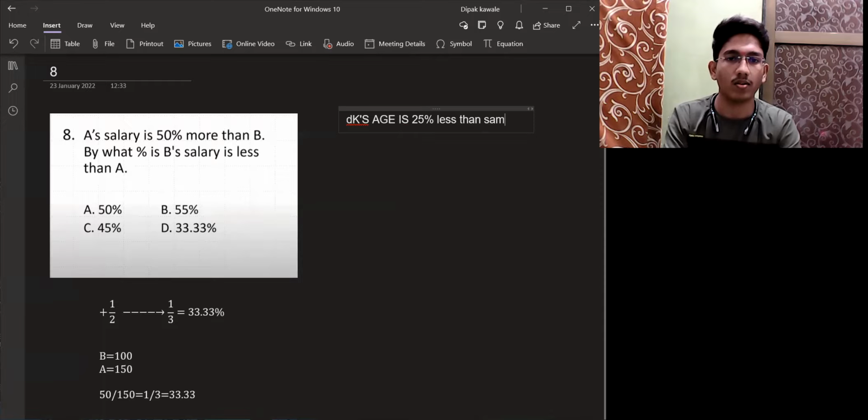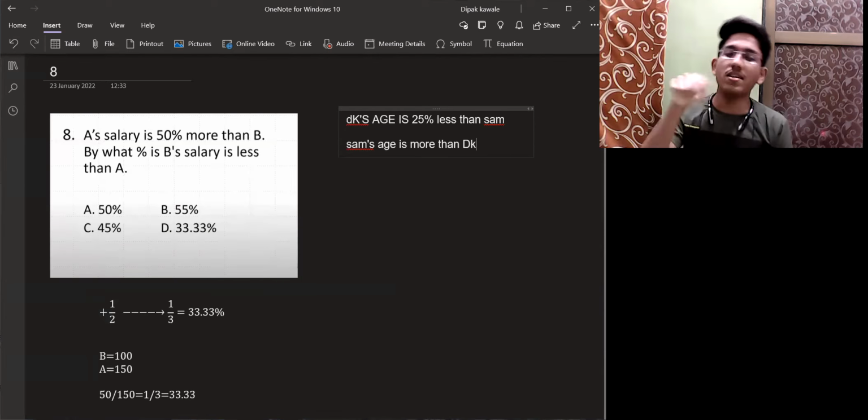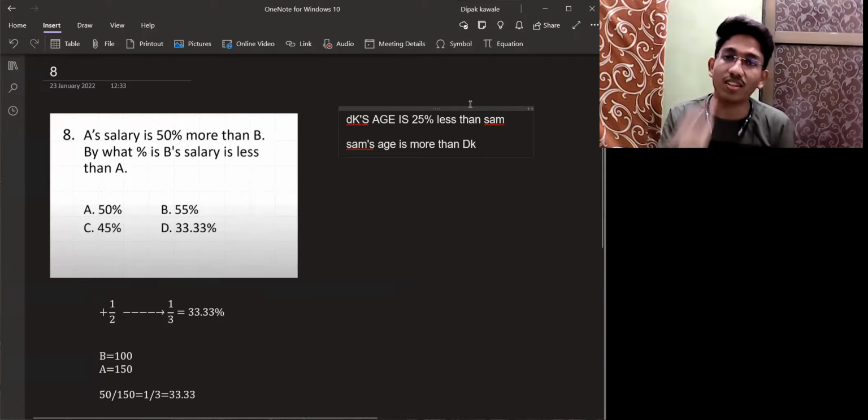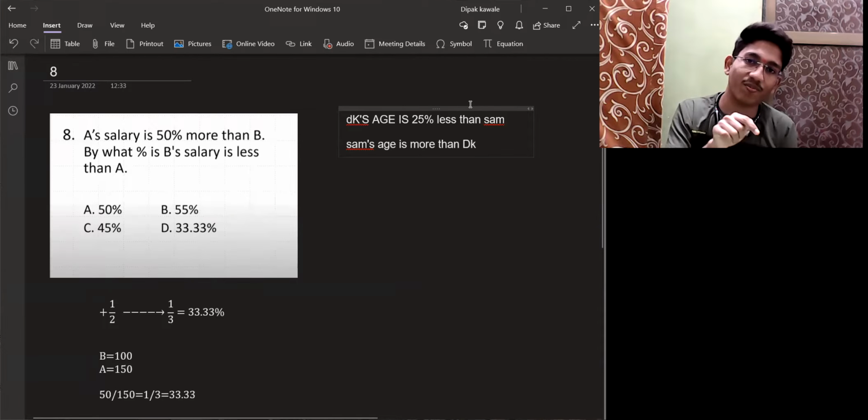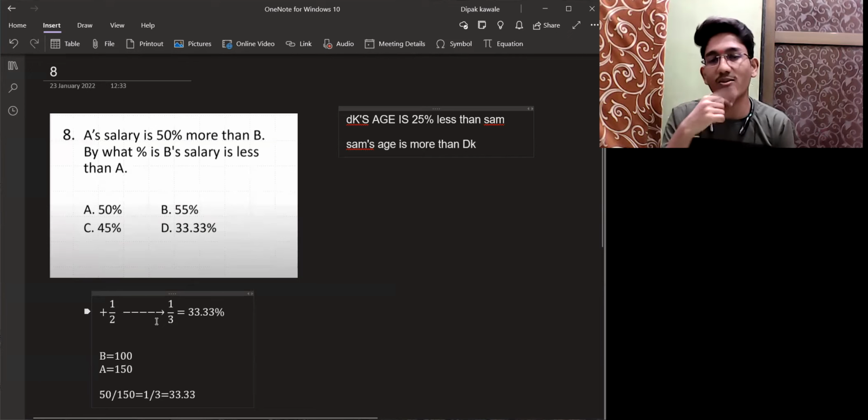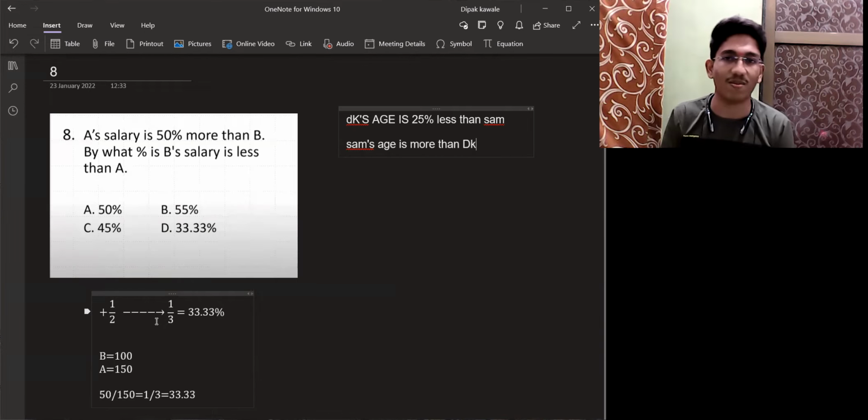Okay, so tell me how much Sam's age is more than Deepak's. Now in the comment section, tell me the answer with the same trick. See that in this question we are not touching the pen, we are just verbally telling the answers. So this is the magic of these tricks. Without touching the pen, within 5 to 10 seconds we are solving this type of problem.